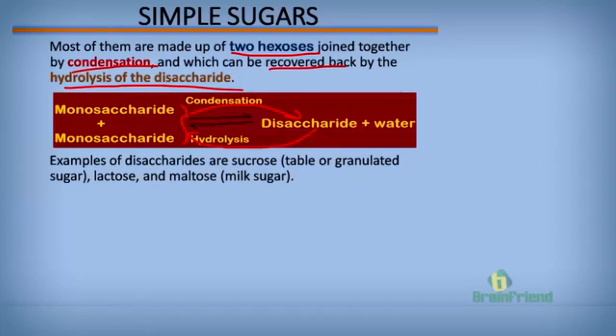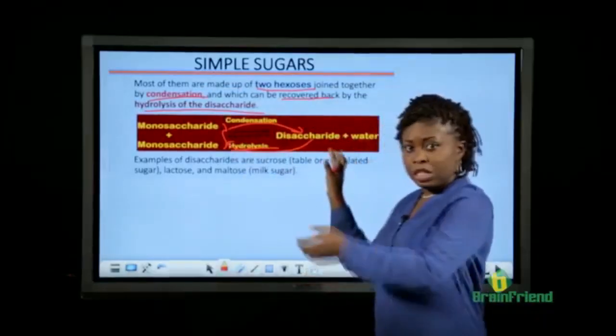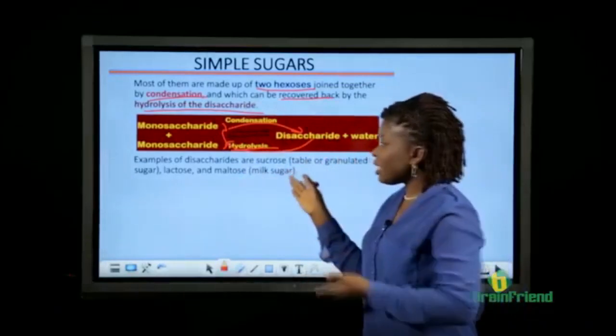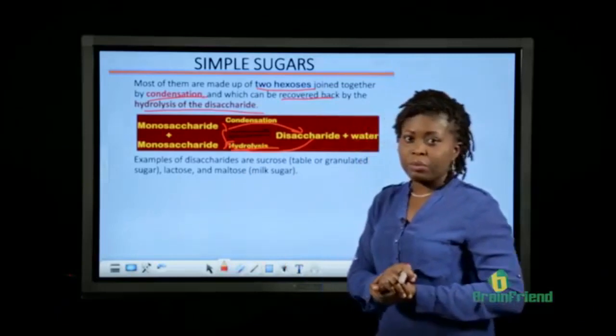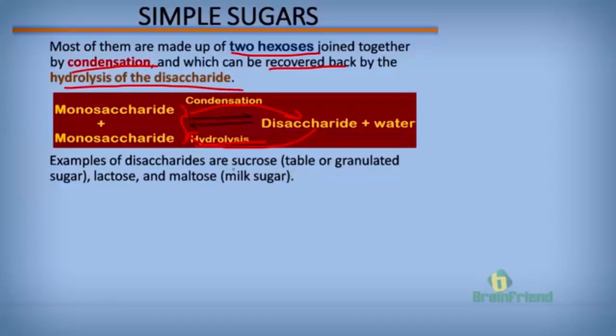And the reaction is known as hydrolysis. So the forward reaction is condensation reaction, giving us the disaccharides and water. And the backward reaction is hydrolysis, giving us back the building blocks. Some examples of disaccharides are sucrose, also known as table sugar, lactose, and maltose.